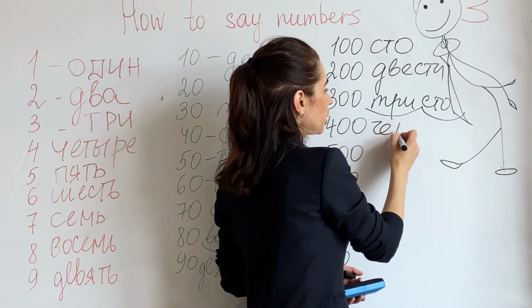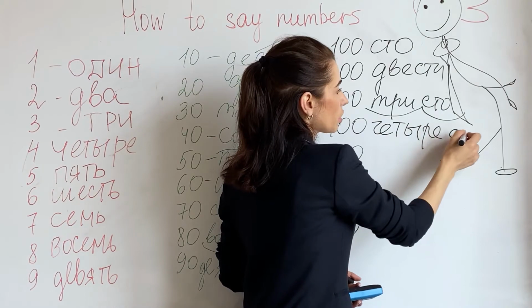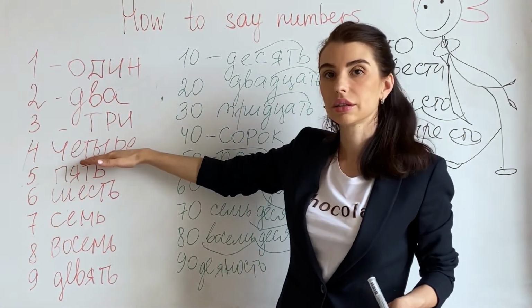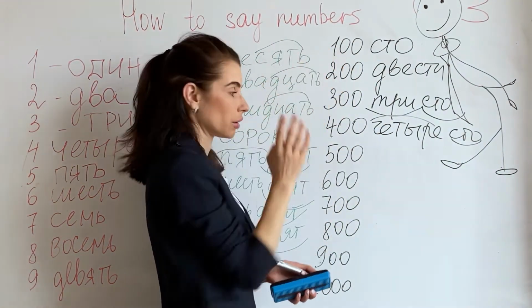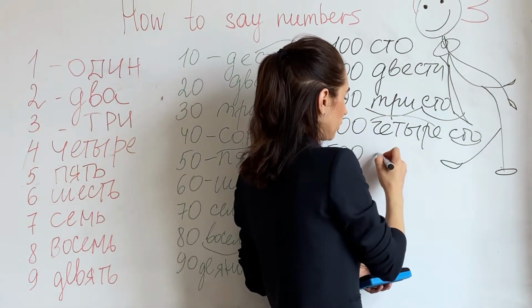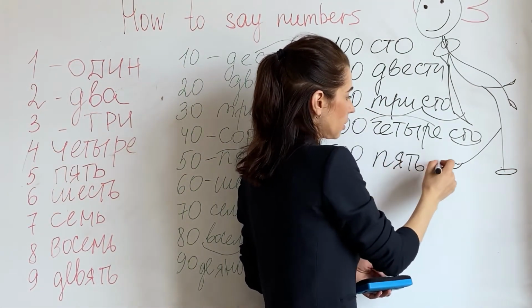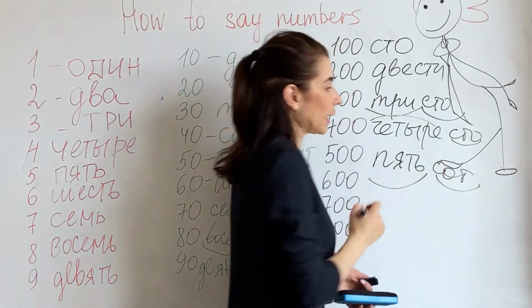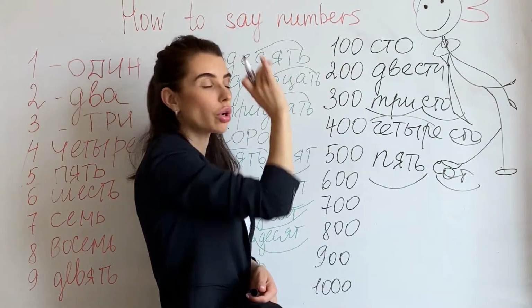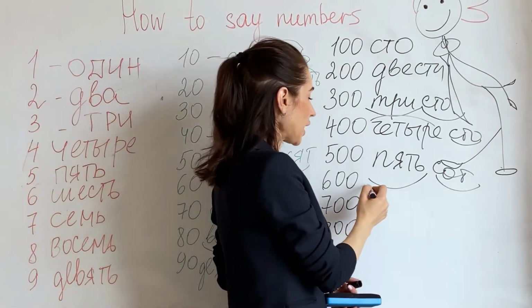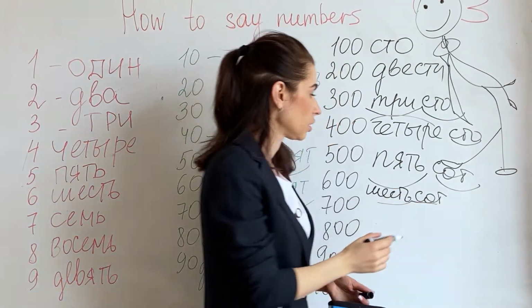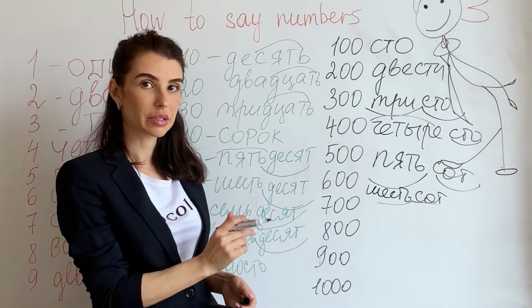400. Again, 400. And after that 500. Again. 600.